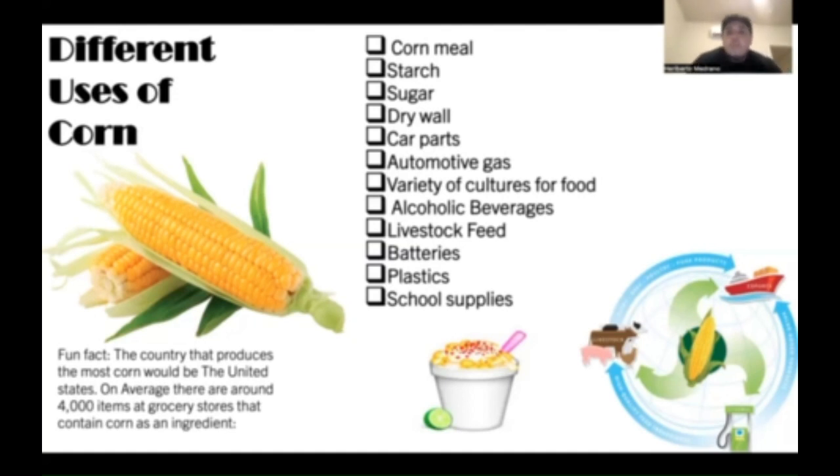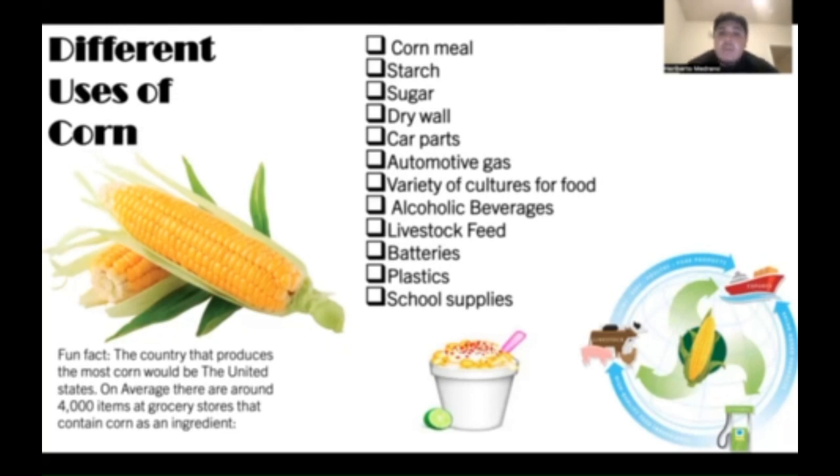It is probably one of the most common uses of corn. Car parts is also something that surprised me. Corn can be used for things such as spark plugs and batteries. Corn is also used as automotive gas, most commonly known as ethanol.